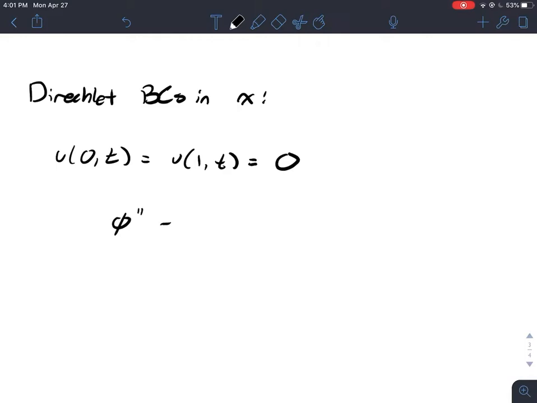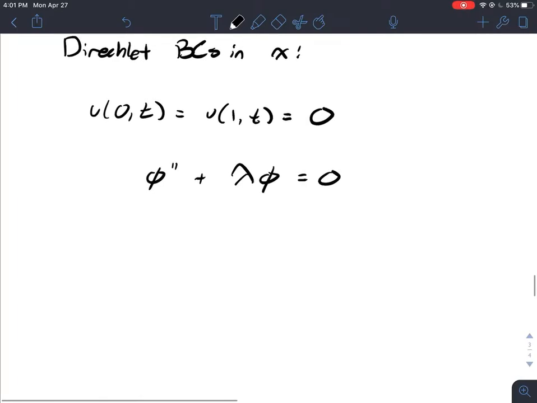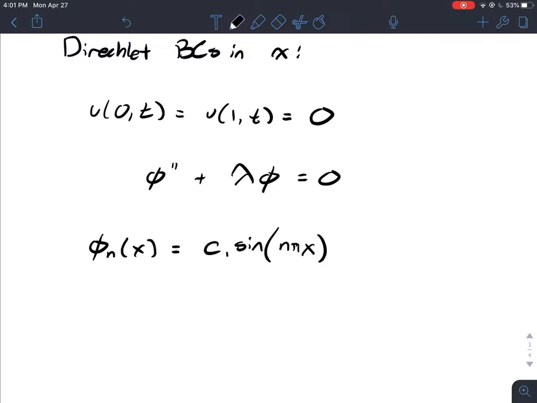So phi double prime plus lambda phi is equal to 0. And in solving this eigenvalue problem, we find that phi sub n of x is equal to c1 sine n pi x, where lambda is equal to n pi squared, for n equal to 1, 2, 3.